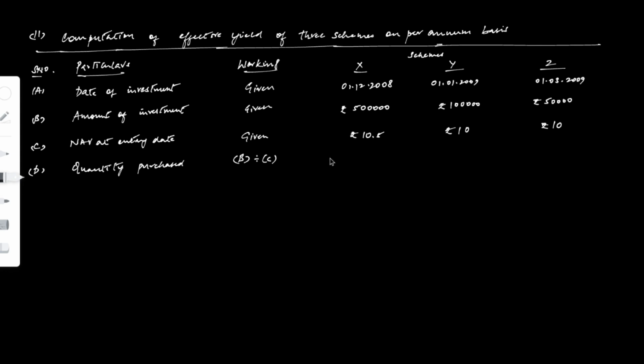Okay. Now let us calculate. 5 lakh by 10.5. We get 47619 approximately. If you want, we'll write here. Next, 1 lakh by 10, that is 10,000. Next, 50,000 by 10, that is 5,000. Okay.